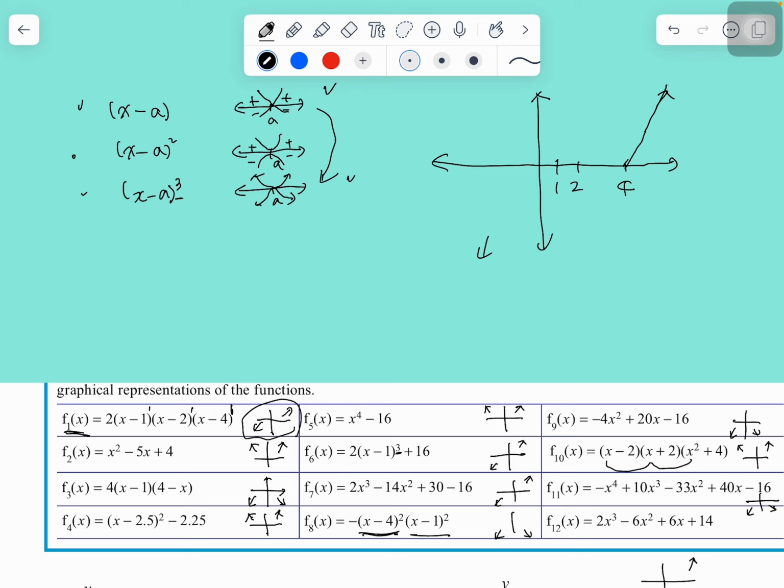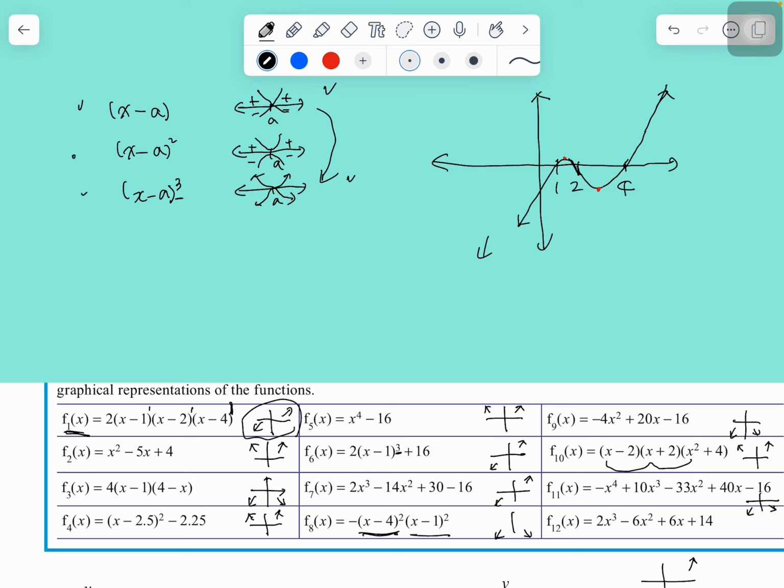So 1 is only 1, so let's cross over. And we need to go to the next x-intercept, which is 2, and cross over smoothly like this. Actually, we don't know how much goes up here and how much goes down here, because we haven't learned how to find it yet.